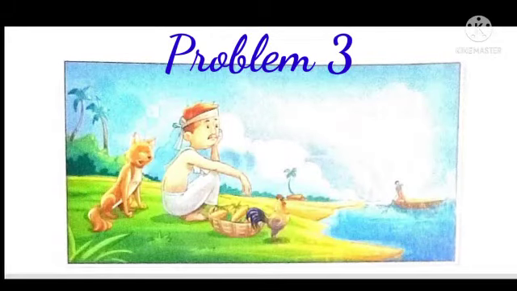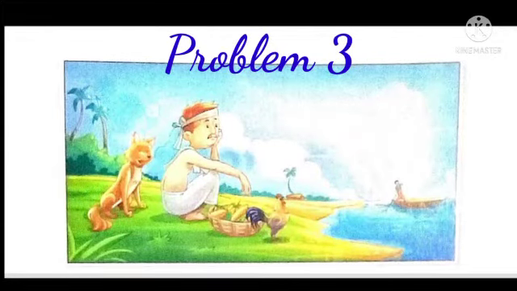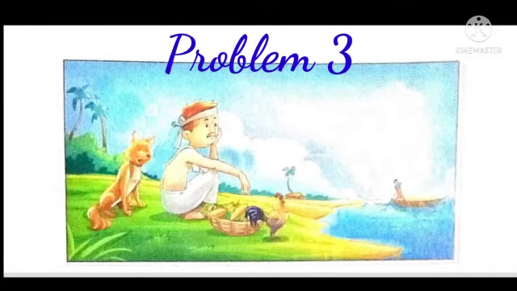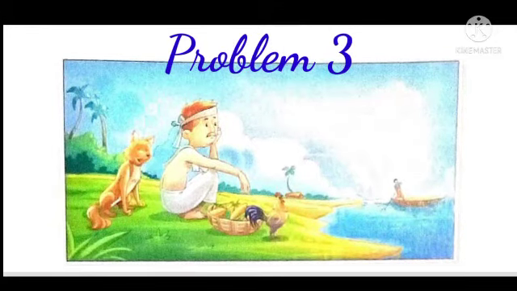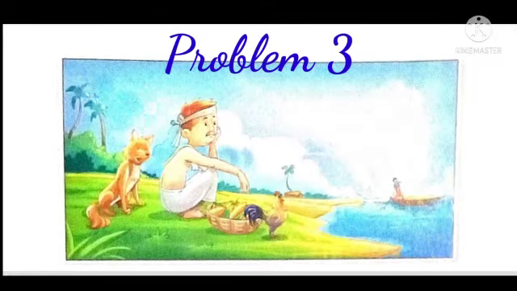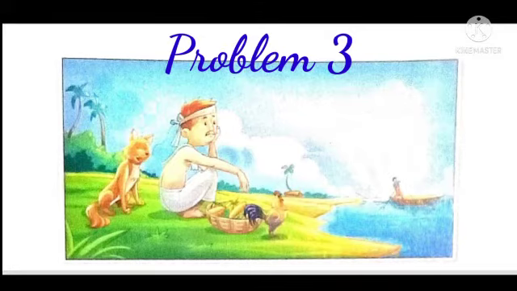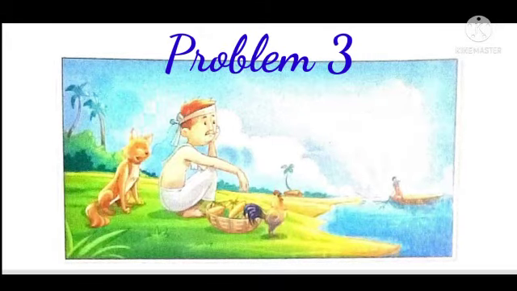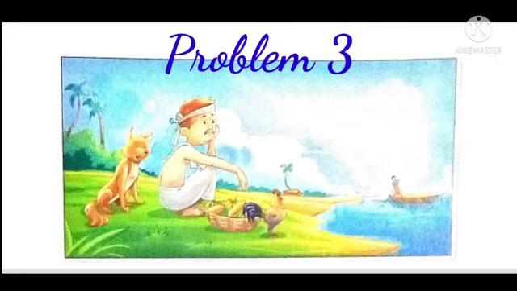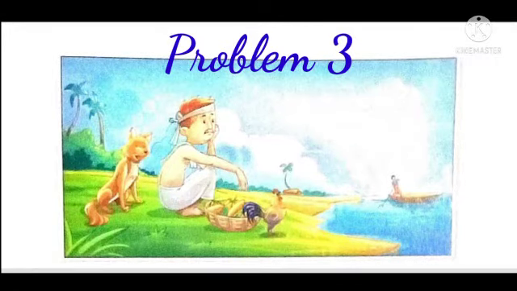Let's see the next problem. Here you are able to see in the picture there is a farmer, a fox, a chicken and a bag of corn. Here he is seeing the river. Now let us see the given problem. Let me read. Here the farmer has to take a fox, a chicken and a bag of corn safely across the river in a boat.